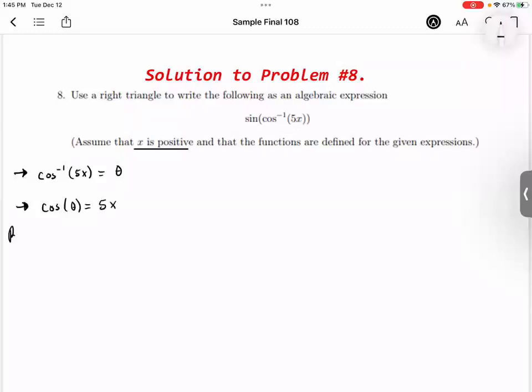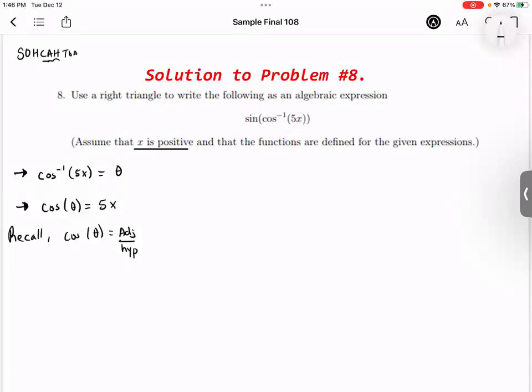Now recall, cosine of theta from right triangle trigonometry is always equal to the adjacent over the hypotenuse. If you ever forget that, there's always that acronym SOHCAHTOA. So for cosine, we have adjacent over hypotenuse.